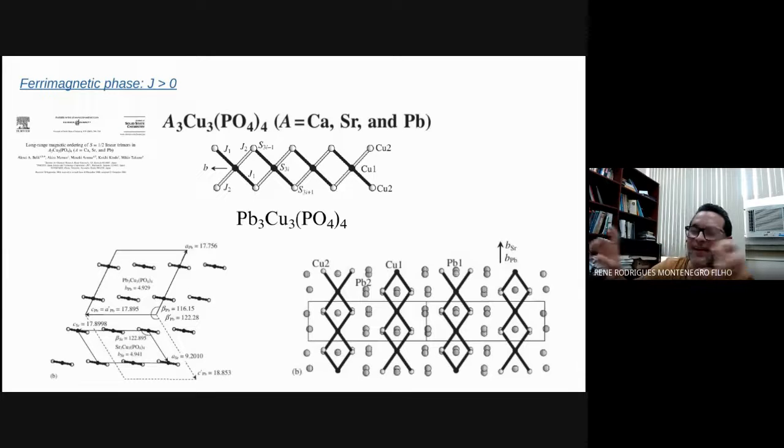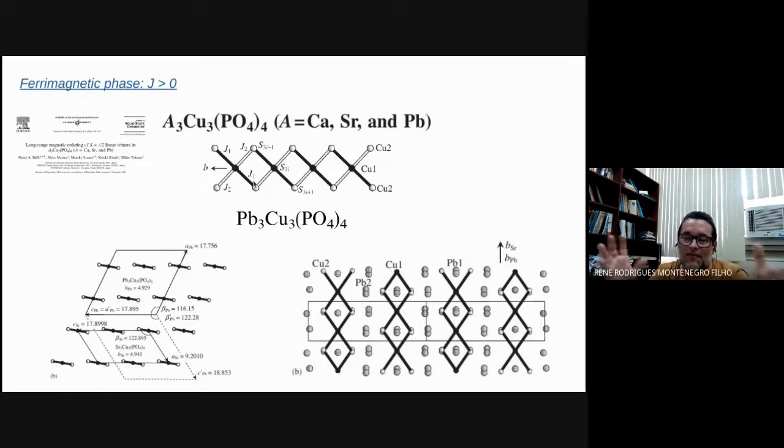But they have not made the complete chain. They have tried to fit the experimental data using only 3 spins, J1, J2, and another coupling between these two sides.